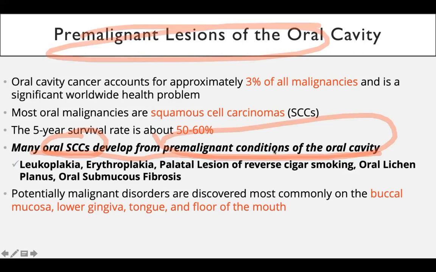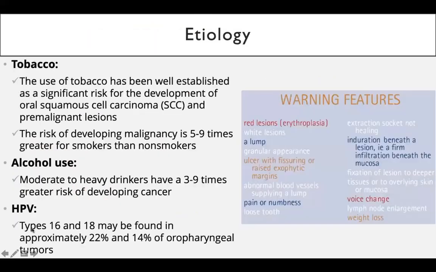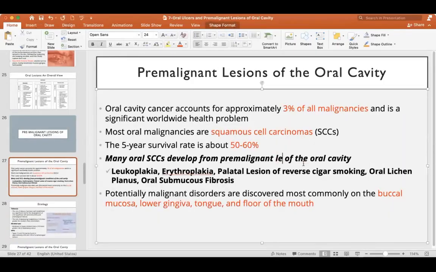It should say lesions here. Other than oral lichen planus, these are not conditions. These are lesions, except oral lichen planus, which is a condition. Pre-malignant condition of oral. Okay. Perfect.